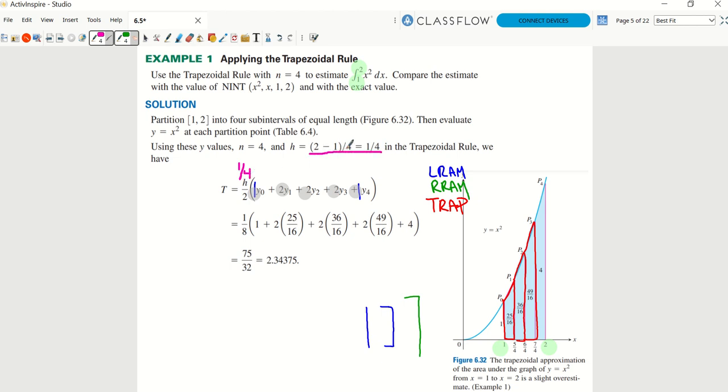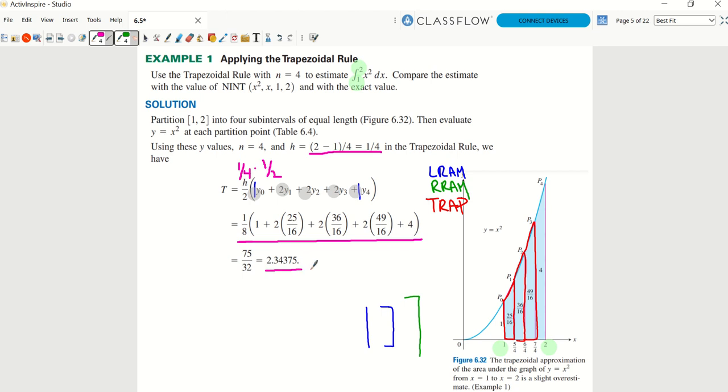And when you do 1 over 4 divided by 2, divided by 2 is the same thing as times 1 over 2, and you get this 1 over 8 right here. Now we filled in all the terms and variables into our formula, and this gives us 2.34, which is our estimation.